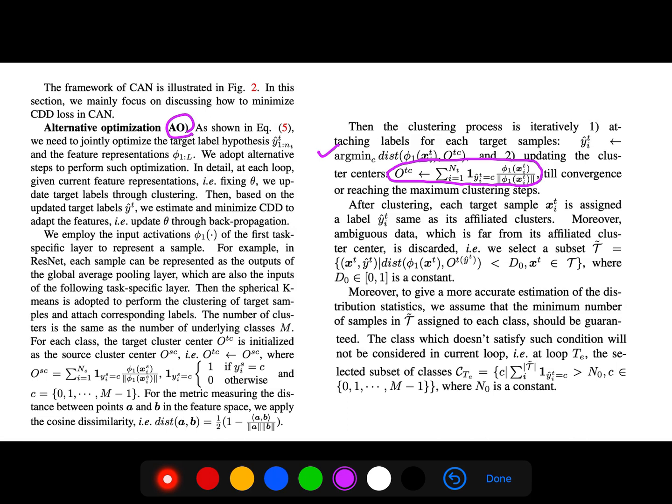After clustering, each target sample is assigned the same label as its affiliated cluster. Moreover, ambiguous data, which is far from its affiliated cluster center, is discarded.